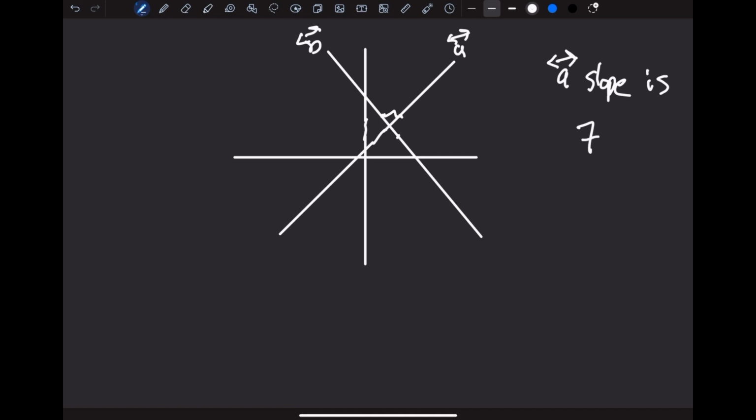Something simple. Then line B's slope, if perpendicular to A, must be -1/7, because it is the opposite reciprocal. Think of every whole number or integer: it can always be over 1, because anything divided by 1 is itself.